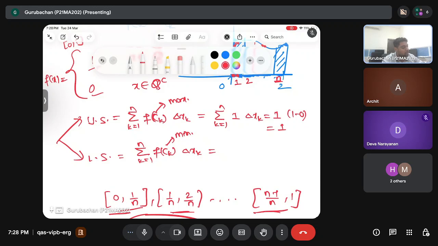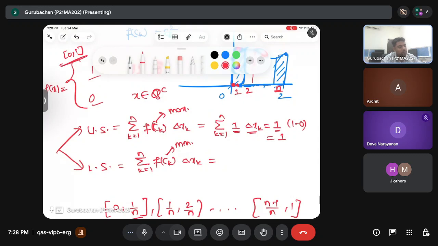But here, since it is a constant function, it will come out, and the sum of the lengths of each subinterval is the length of the whole interval. What is the length of the whole interval? 1. But when you consider the minimum value of each subinterval, what will it be? 0.